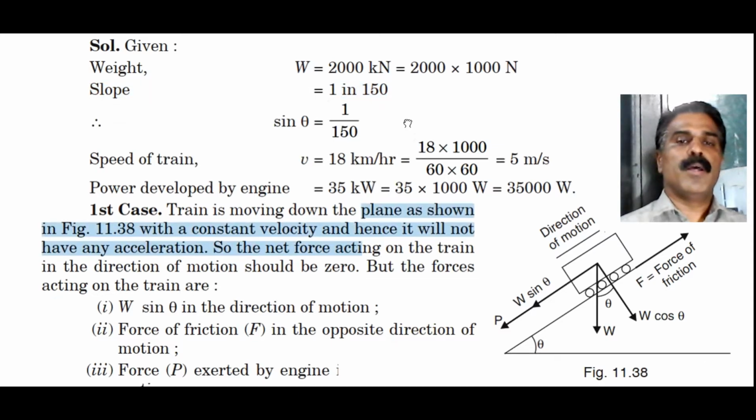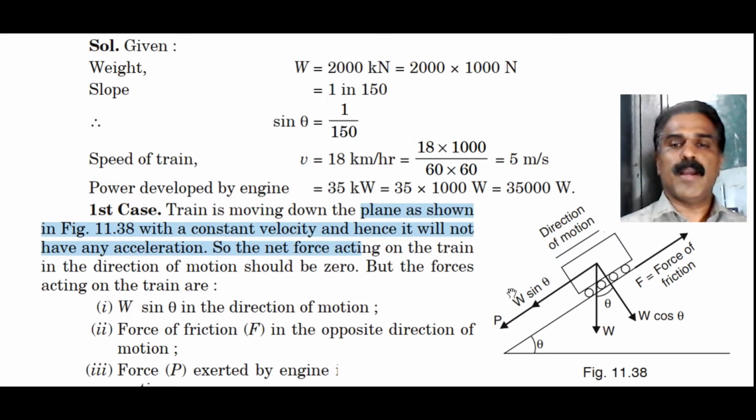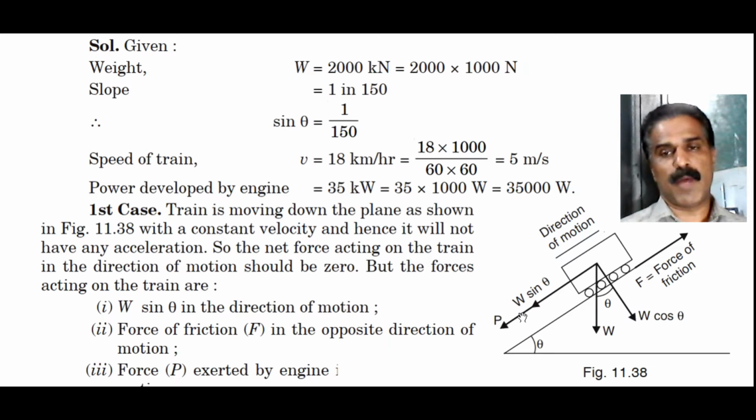As we know, the slope is given as 1 in 150. This is the slope on which the train is moving up and down. In the first case it is moving down, and in the second case it is moving up. The train is moving on an incline of 1 in 150, so this angle will be very small.